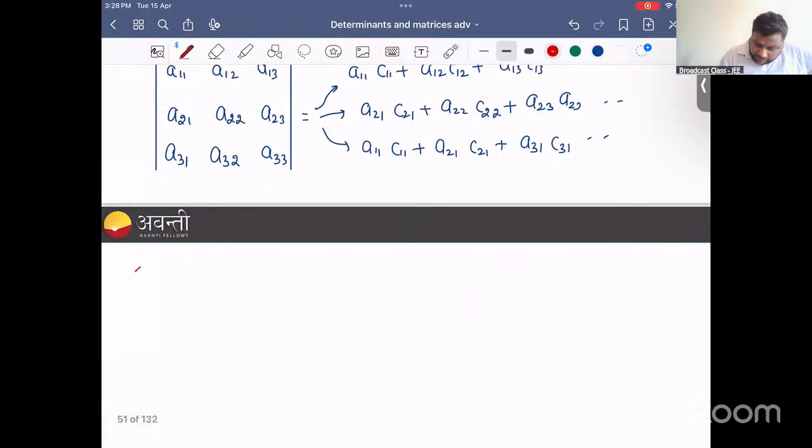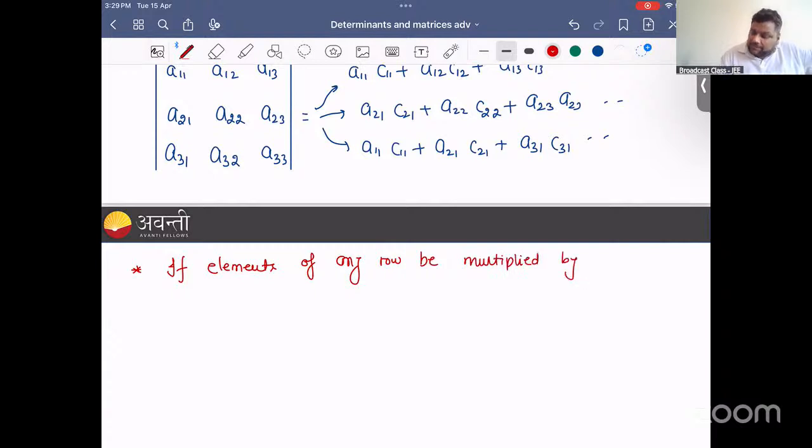Write down a simple point. If elements of any row or any column be multiplied by respective elements of any other row, then we get 0.